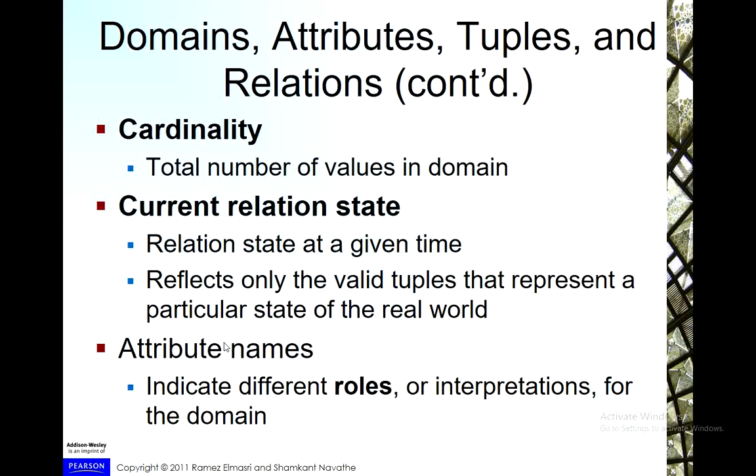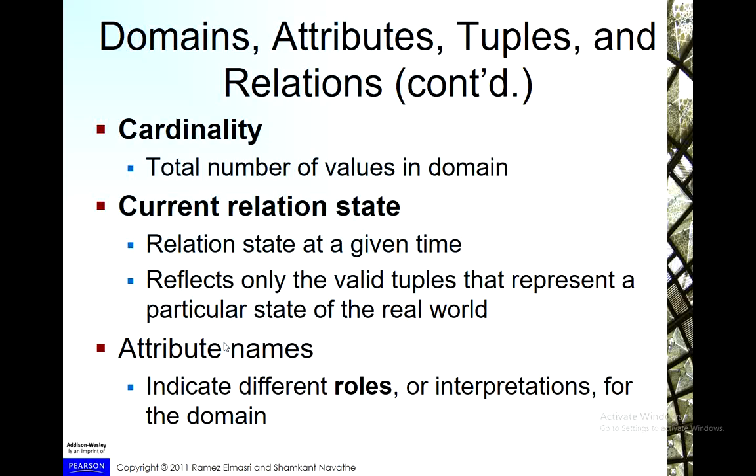The current relation state specifies the relation state at a given time. So it actually reflects only those valid values that are available at a particular time, when they are uploaded for the first time or inserted.